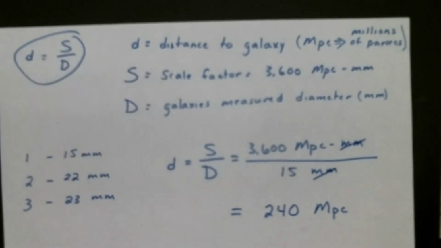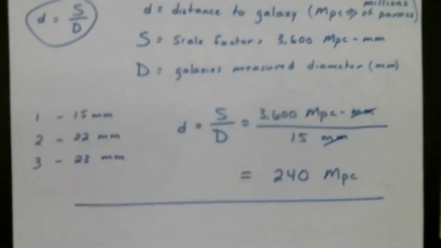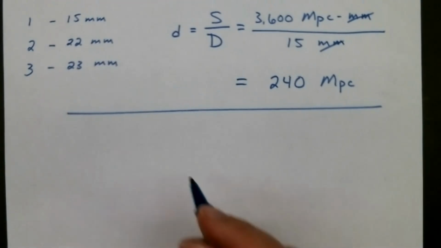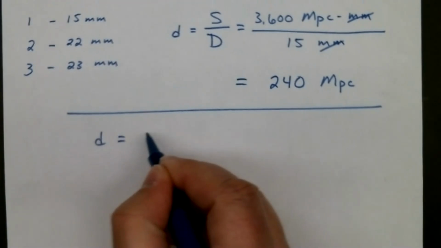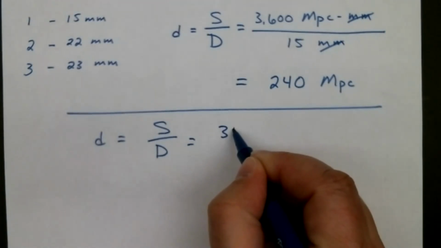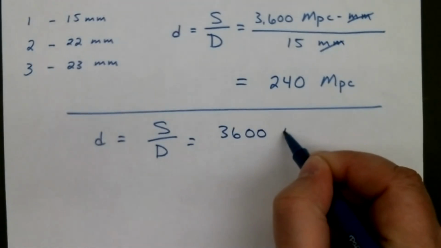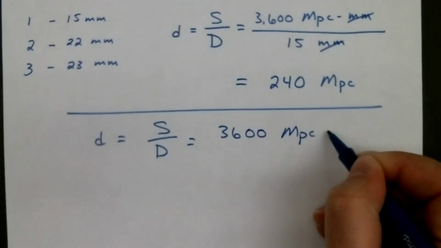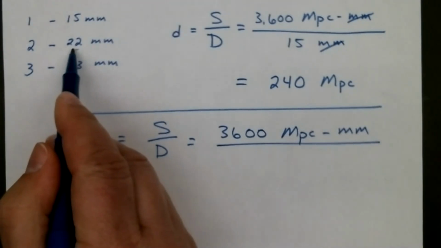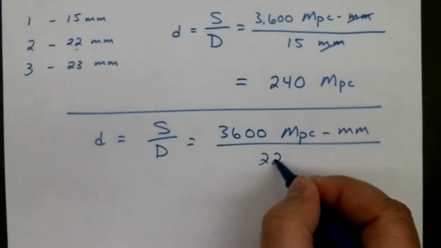And we might as well go ahead and calculate the others. D equals S over D, and our second one is 22 millimeters.